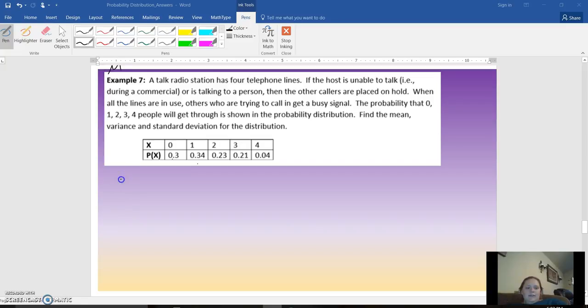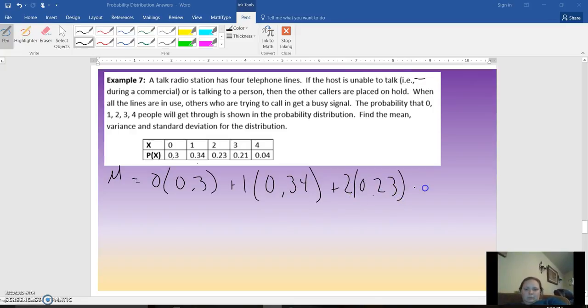All right, so first let's find the mean, which is 0 times 0.3 plus 1 times 0.24, 2 times 0.23 plus 3 times 0.21 plus 4 times 0.04.